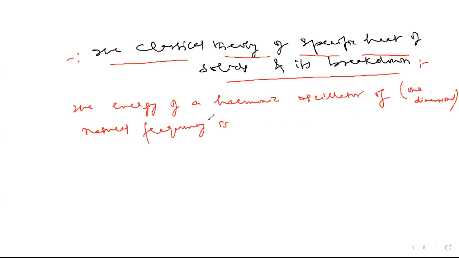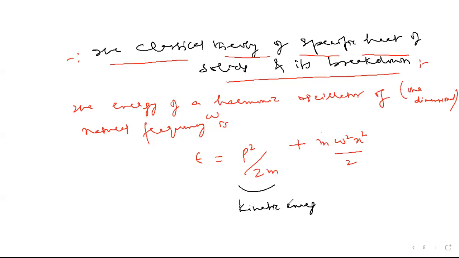So if its natural frequency is omega, its energy is written as epsilon equals p square by 2m plus m omega square x square by 2. It's simple. p is linear momentum of the oscillator. So this is kinetic energy, and this is potential energy.